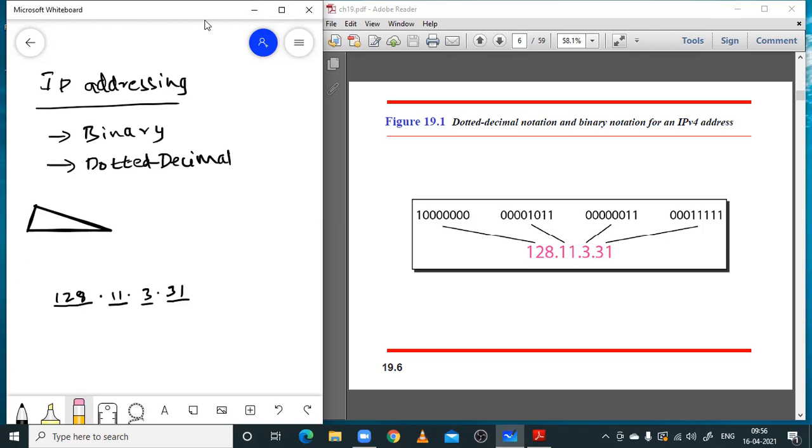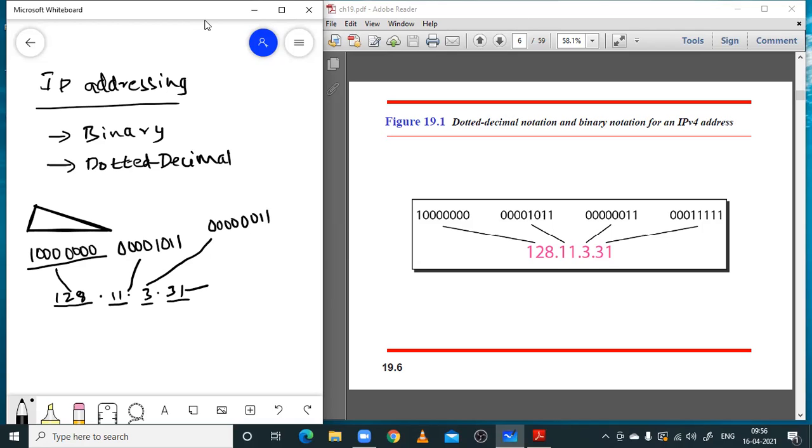The first octet is 10000000. Now coming to the second octet, what is the value here? 11. So that is 0000 1011, which is 11. This is 128. Now coming to the third, 00000011. This is 3.